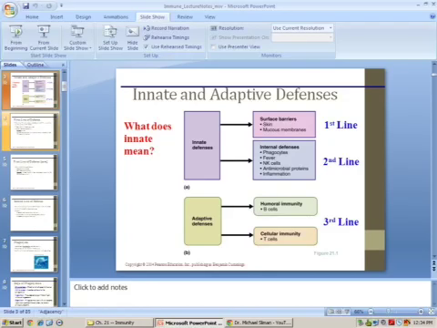This is just more like word association, getting some terms straight in your head, okay? With B cells, we're going to see something come out of it called plasma cells. Remember, B cells and T cells are nothing but lymphocytes.